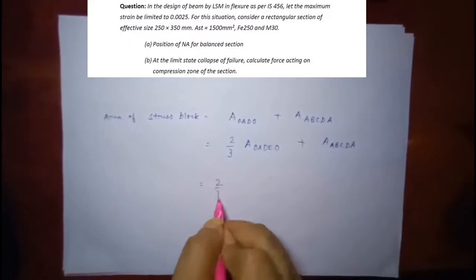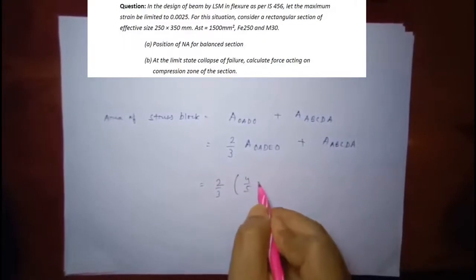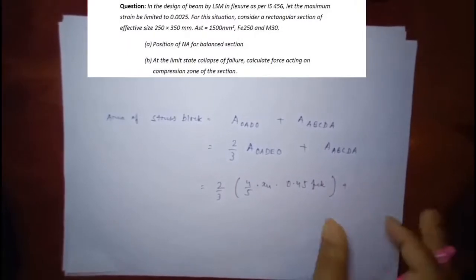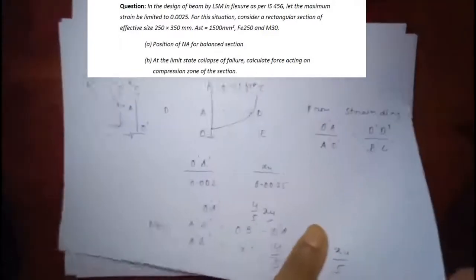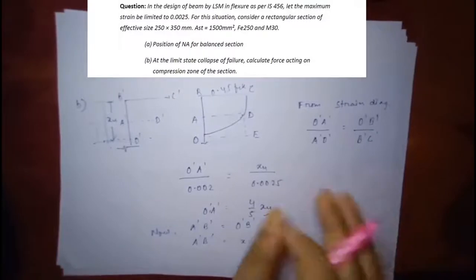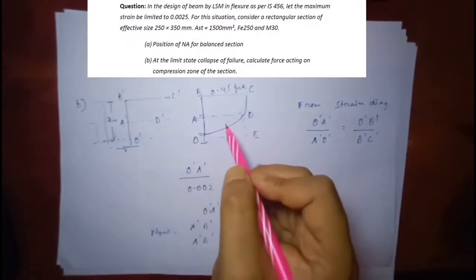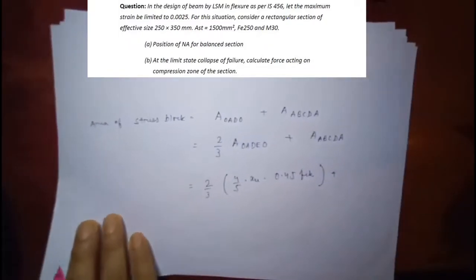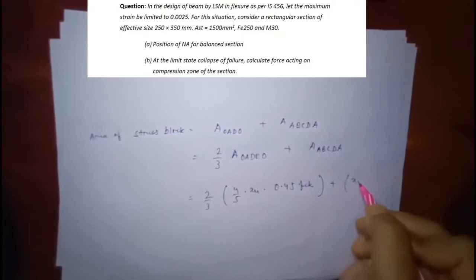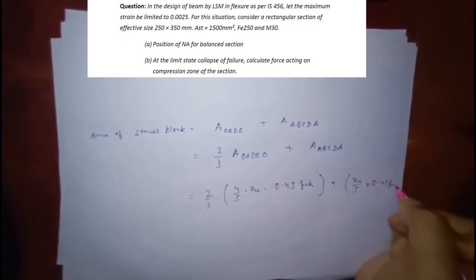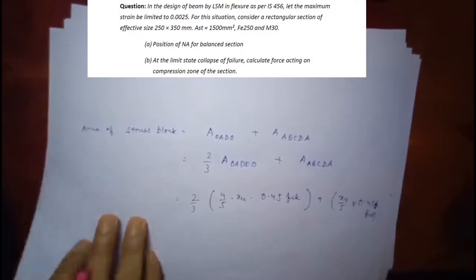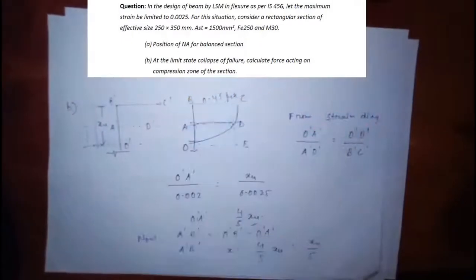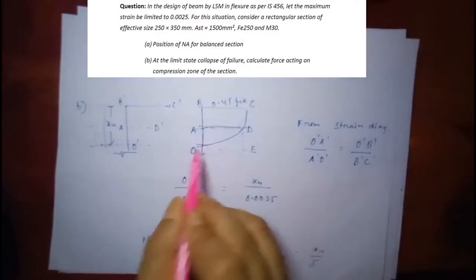So it is equal to 2 by 3 multiplied by 4 by 5 of xu multiplied by 0.45 fck, plus for ABCDA it is xu by 5 multiplied by 0.45 fck, for this particular square.